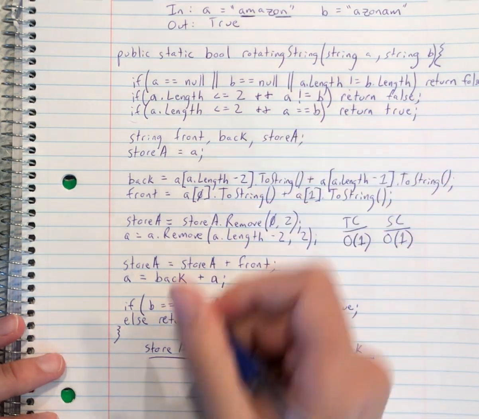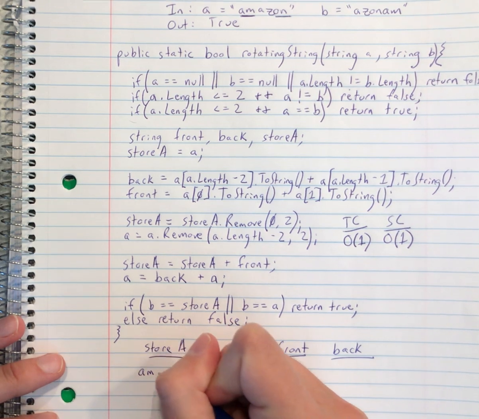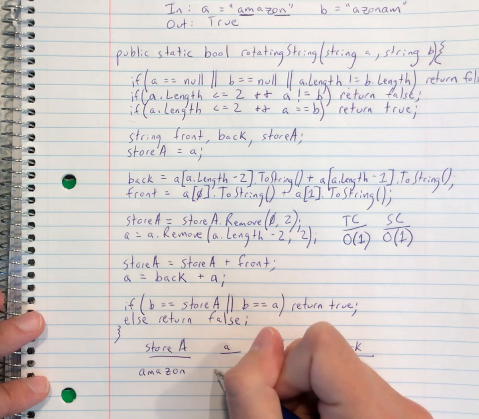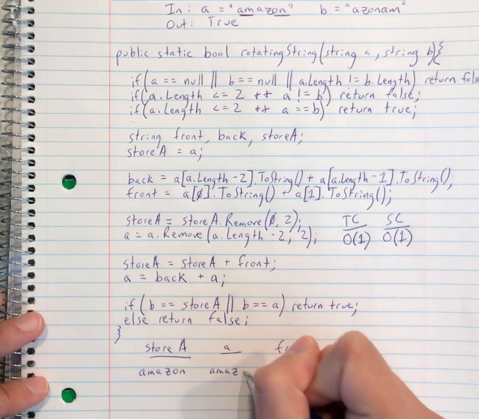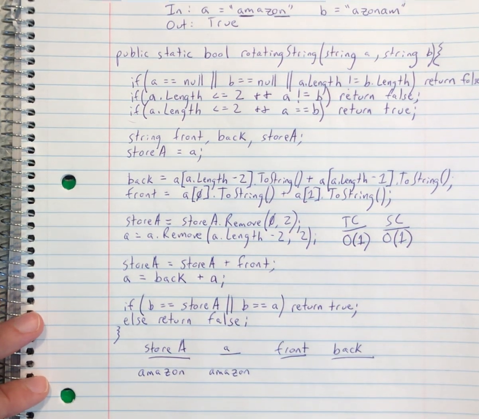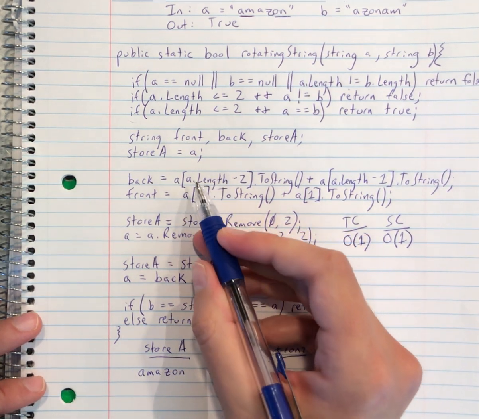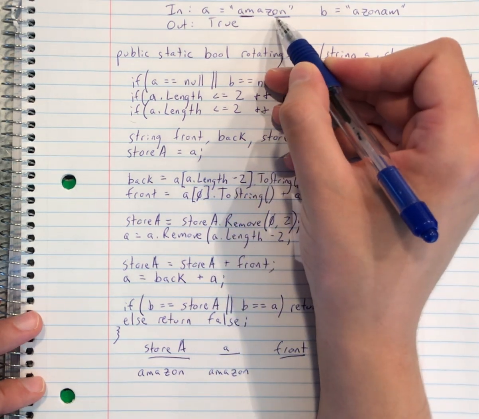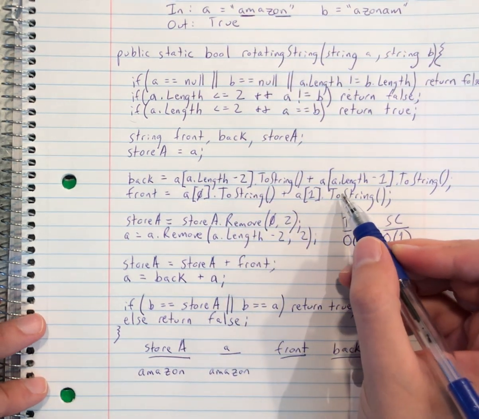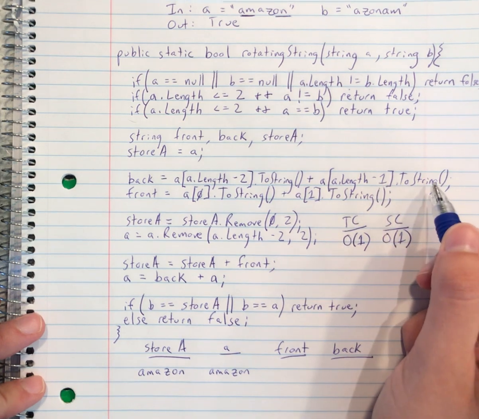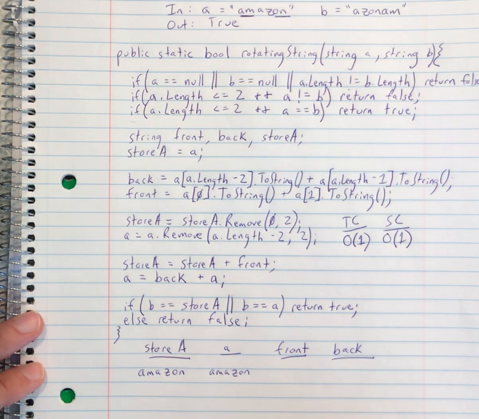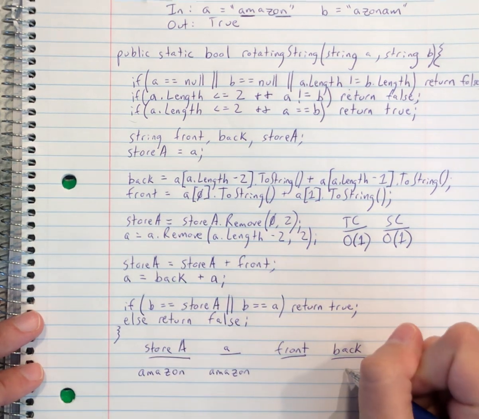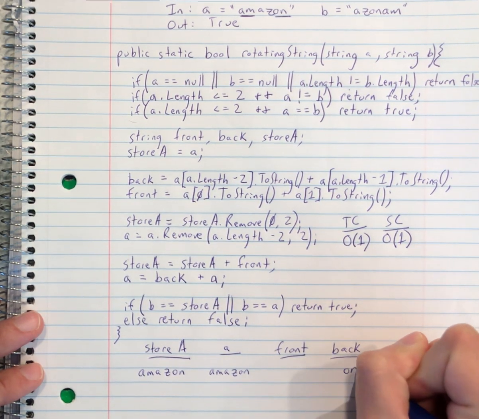Okay, so store A is now A. A is obviously A. Okay, so getting to back. So the second to last letter in A, O, combined with the last letter in A, N, is assigned to back. So back is now O, N.